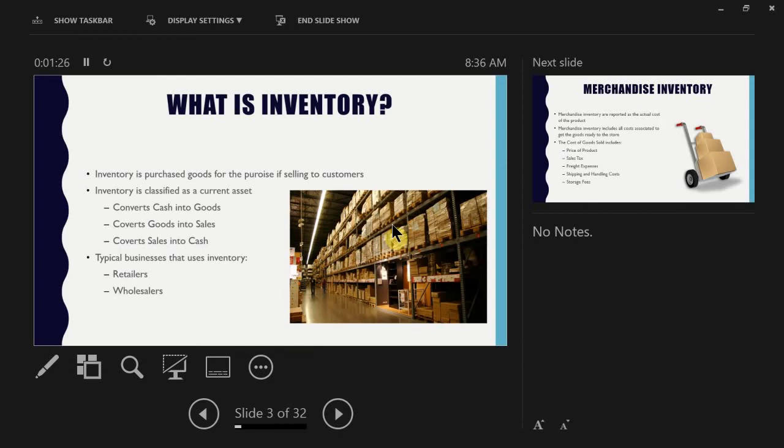Now, there are typical businesses that do sell inventories. It's obviously going to be retail stores as well as wholesalers. Okay. Wholesalers, they sell in bulk for a cheaper value. But then again, sometimes at a grander scale, you may not need all of those items.